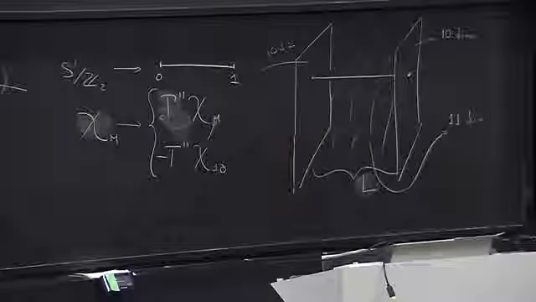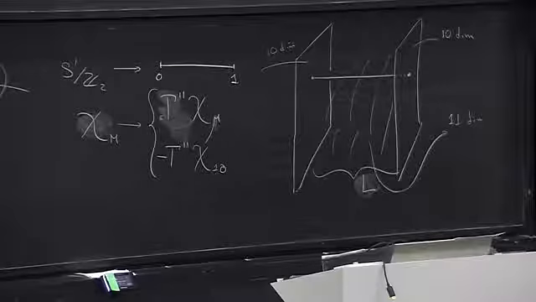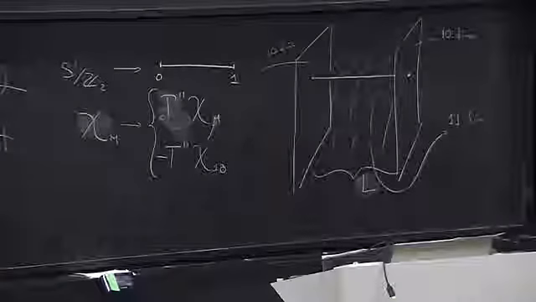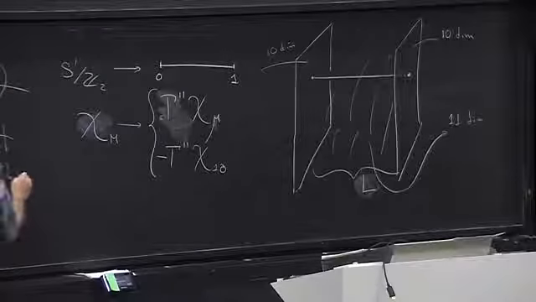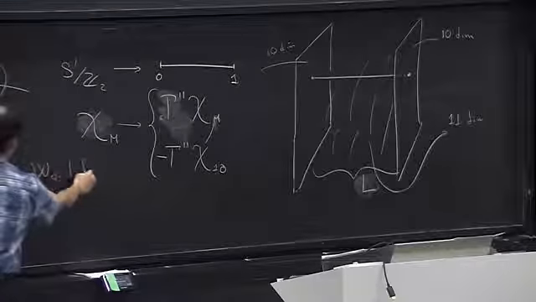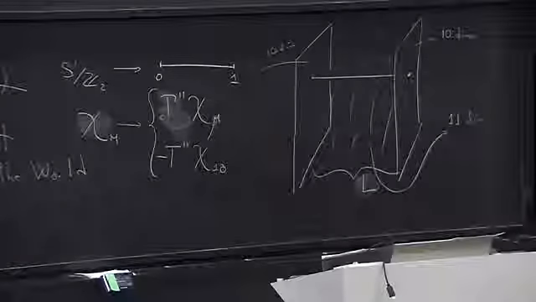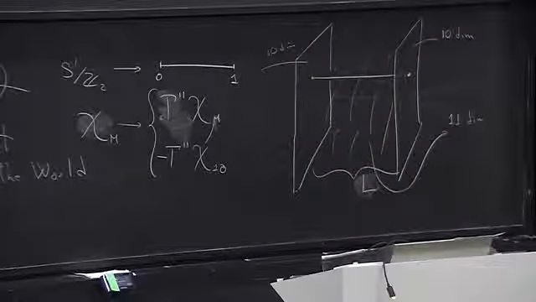So due to anomalies at the ends of the world, they realized that for this theory to be consistent, there had to be an N equals 1 super Yang-Mills theory living in 10 dimensions at each end of the world. And there were only two choices for the gauge group in order to cancel the anomaly.